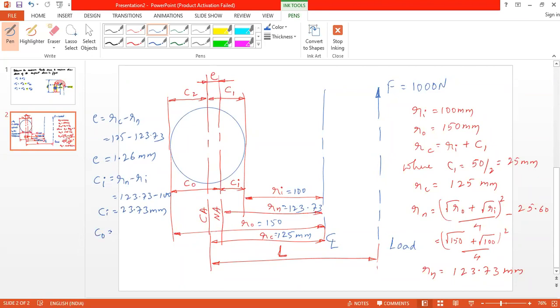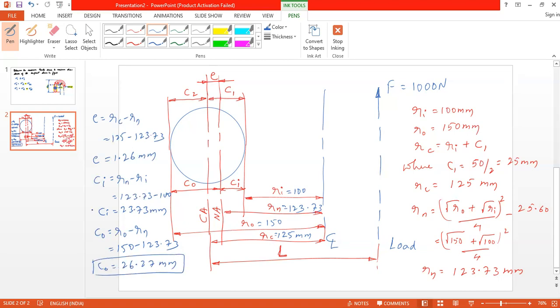And C naught is R naught minus Rn. That is 150 minus 123.73, so it is 6.27 mm.